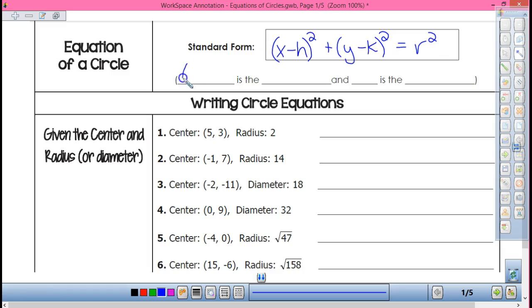Okay? So (h, k) is going to be the center of our circle. What do you suppose r is? The radius, yep.